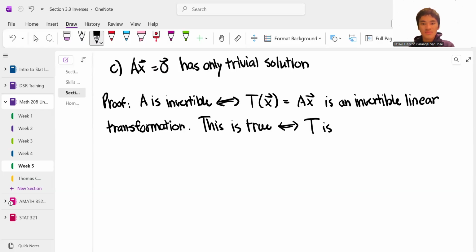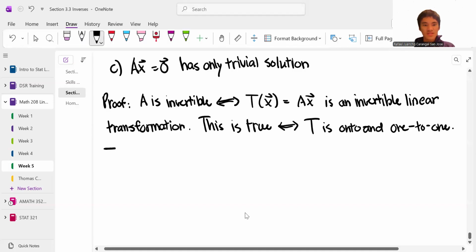This T is onto and 1 to 1. So it has to have a pivot in every row for it to be onto, and it has to be 1 to 1. Okay, what else can we say?